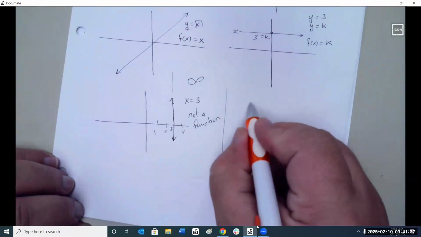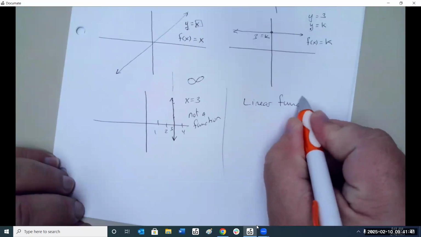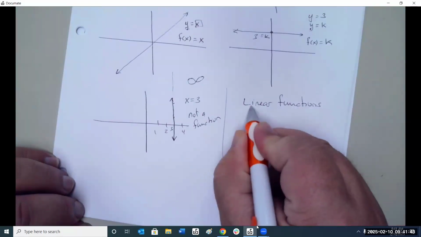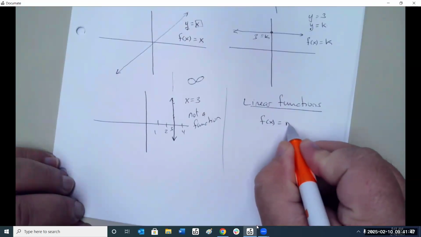So what we're going to look at here are linear functions. They will have this shape.